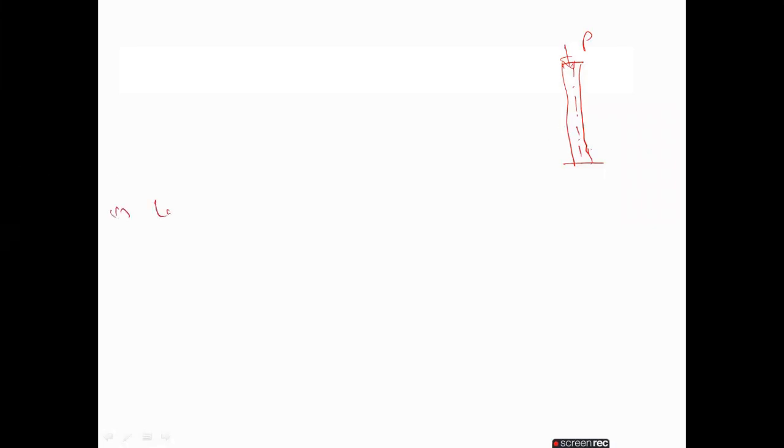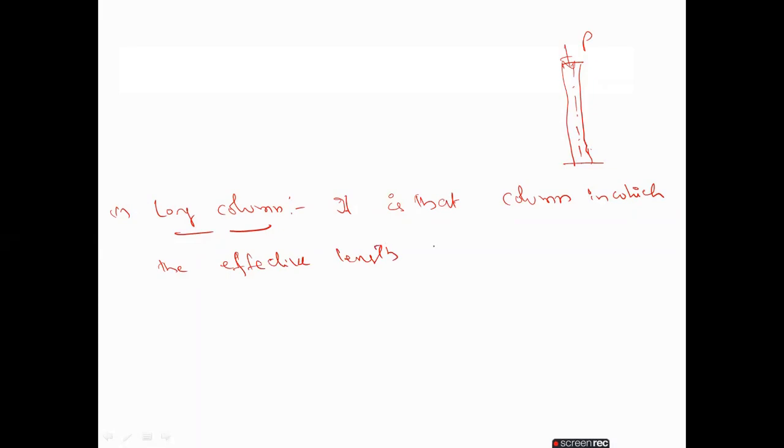The first one: a long column is a column in which the effective length to least lateral dimension ratio is greater than 12.